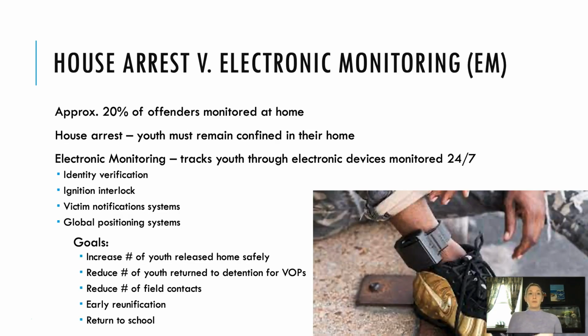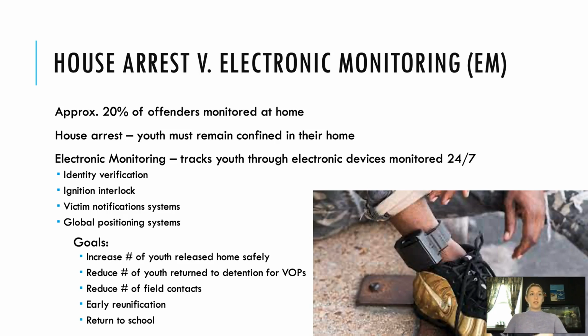So now, what's the difference between house arrest and electronic monitoring? Well, approximately 20% of offenders are currently monitored at home. House arrest is when a youth must remain confined to their home, so they're arrested to their home. Electronic monitoring, however, tracks a youth through electronic devices, typically monitored in some fashion 24/7 around the clock.